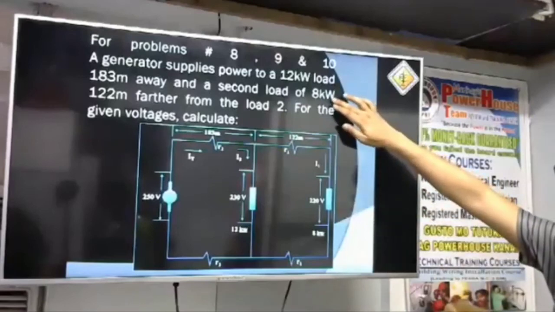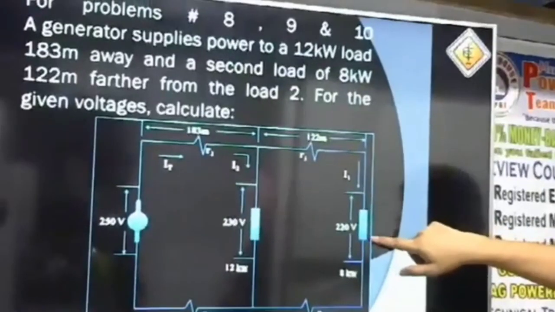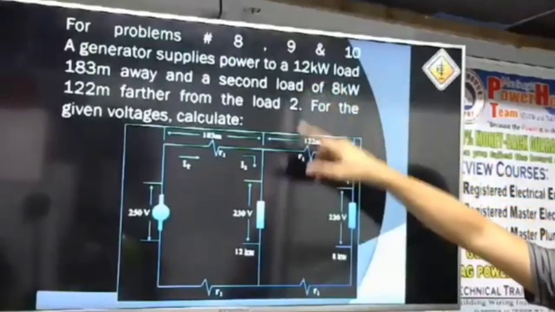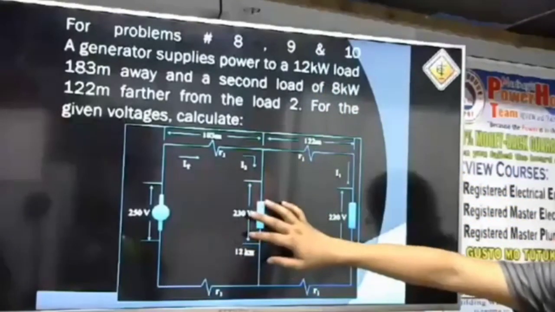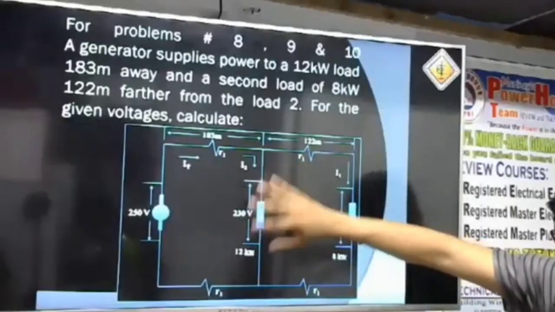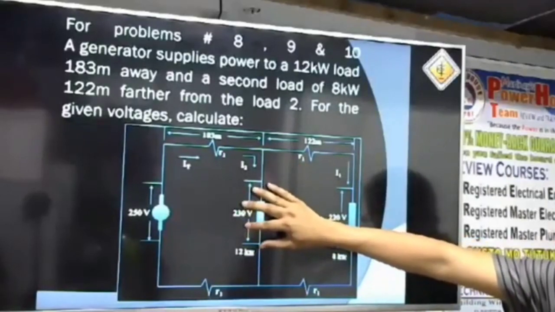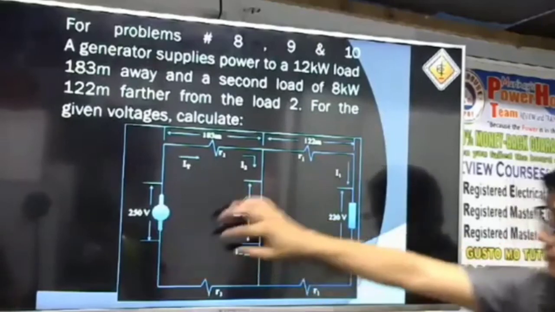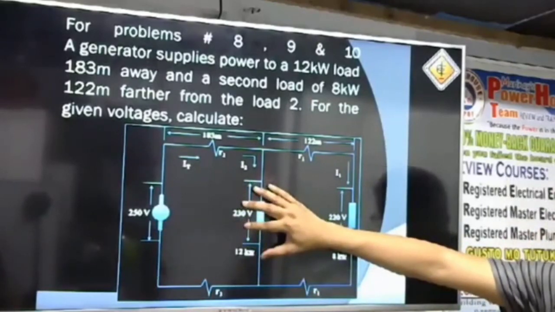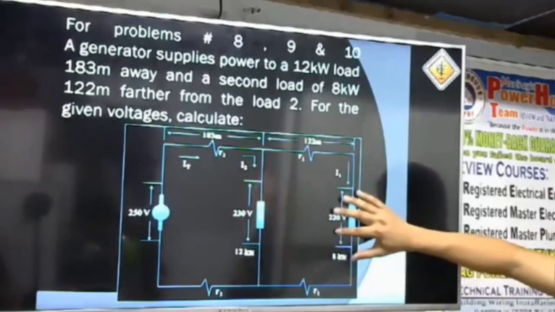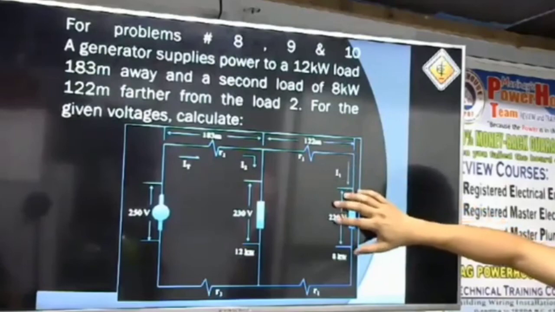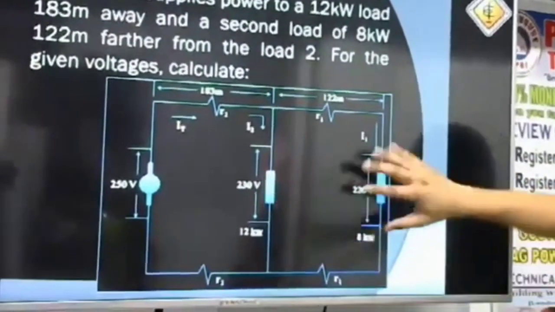Again, the generator supplies power to a 12 kilowatt load, 183 meters away from the source. This is the generator. Then there is another load here of 8 kilowatts, 122 meters farther from this load too.